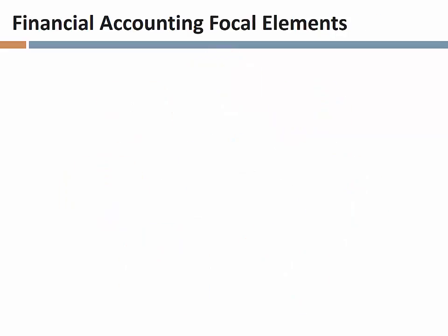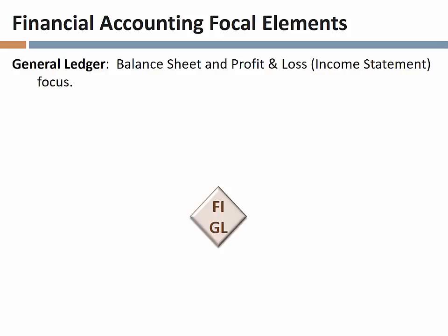All right, so in financial accounting, there are really 5 different things that we tend to focus on, and I'm going to give you some more abbreviations to keep track of. The general ledger. We will talk a lot about the general ledger and how we use it. The general ledger is what is going to keep the records that we will ultimately use to create our balance sheet and our profit and loss or income statement.